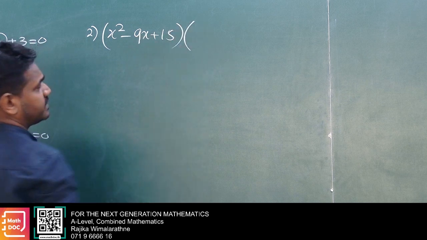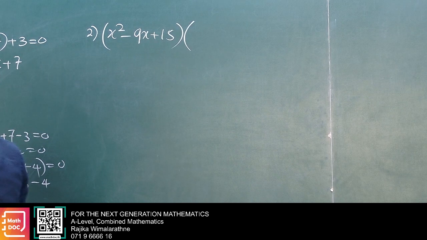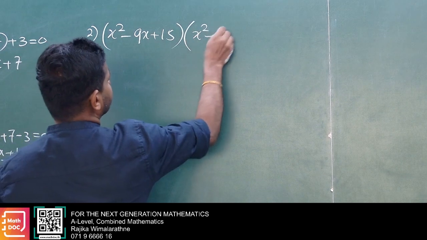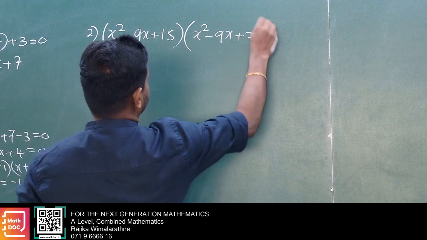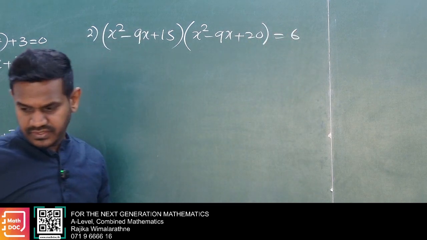Check your answers. x square minus 9x plus 20 equals 6.